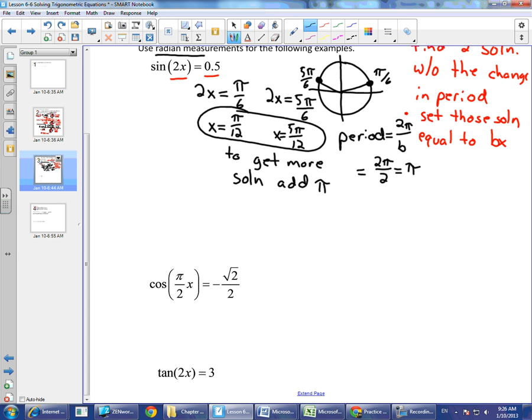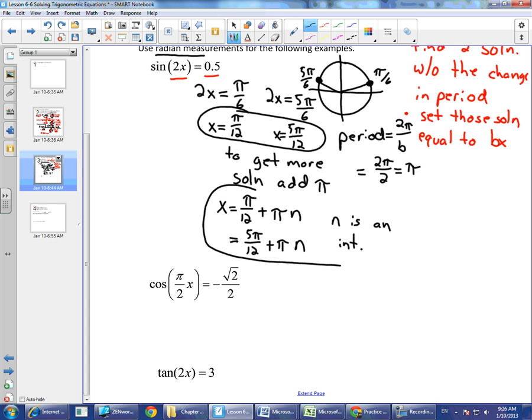If I want to write this as an expression like we did on the previous examples, I'm going to say x is equal to pi over 12 plus pi n, or x is equal to 5 pi over 12 plus pi n, where n is an integer. This would be an expression for the general solution like we were coming up with on the previous slide.